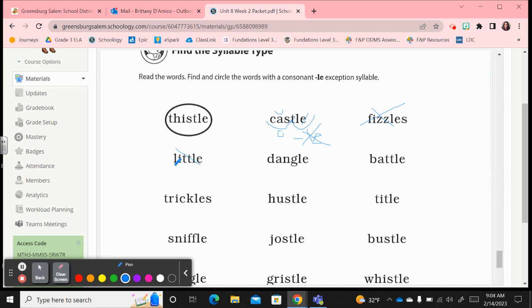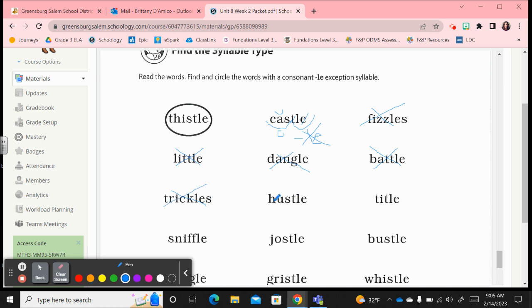So that's not an exception word. Dangle, not an exception. Battle, not an exception. We can hear that TLE. Trickles, the water trickles from the faucet. This is not an exception.